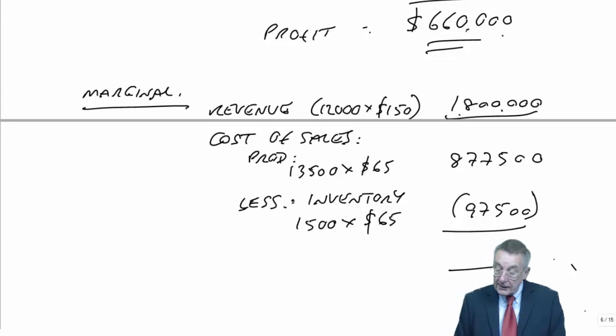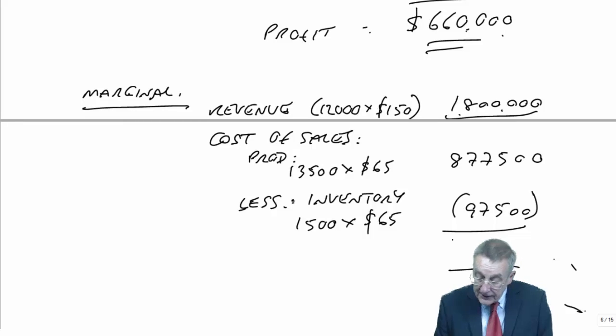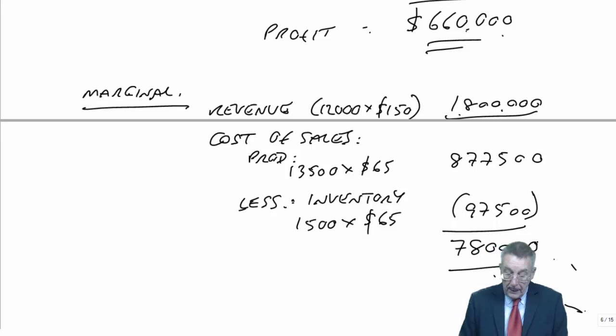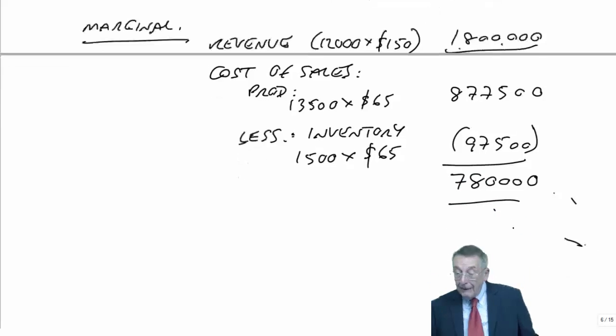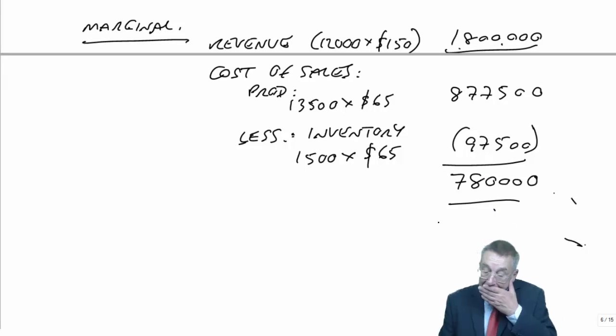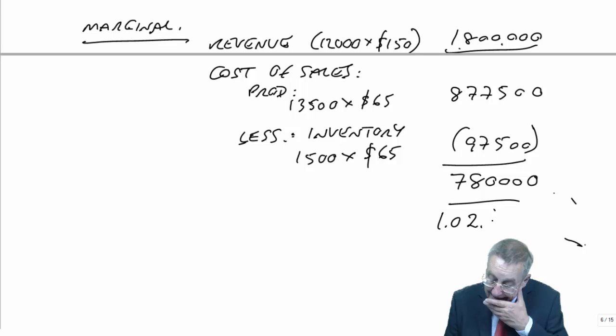Therefore, the cost of sales this time is 780,000. And therefore, the profit so far, 1.8 million less 780 is 1.02 million.